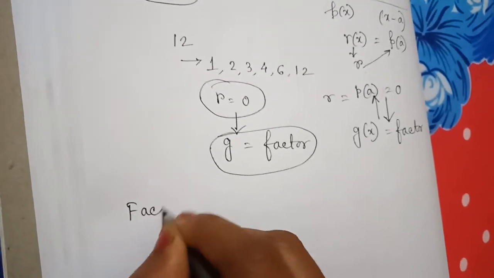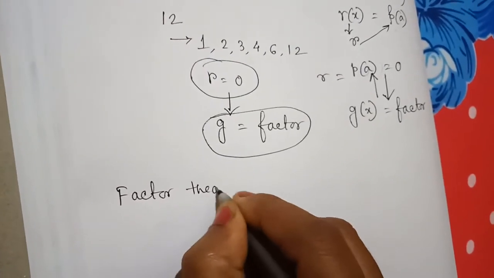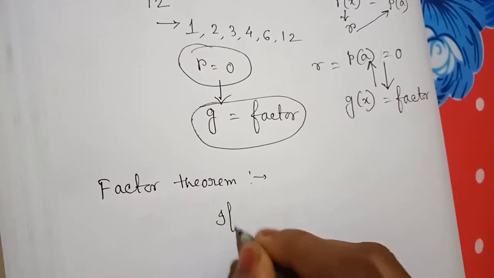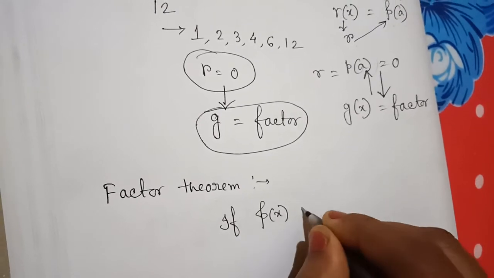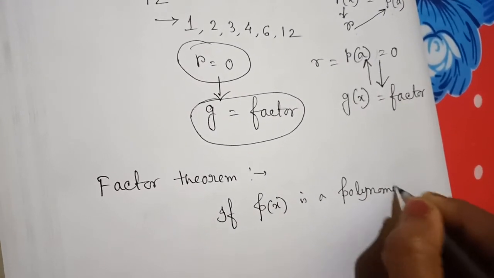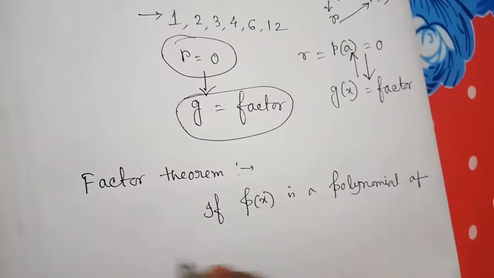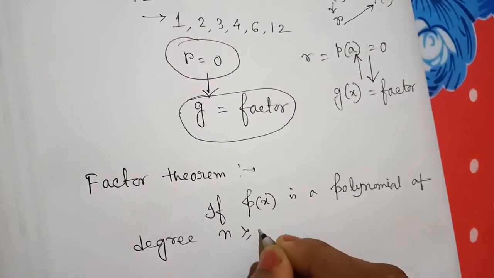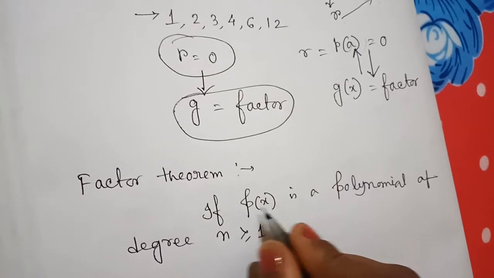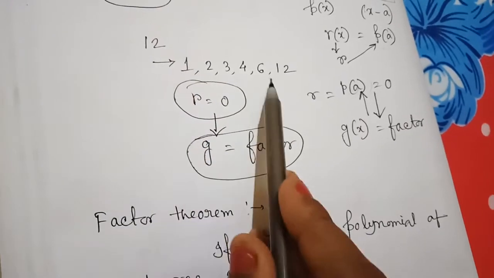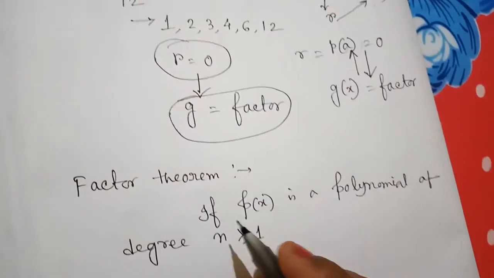So the factor theorem's statement: if p of x is a polynomial of degree n greater than or equal to 1, that means p of x is not a constant number. For a constant we all know what happens.